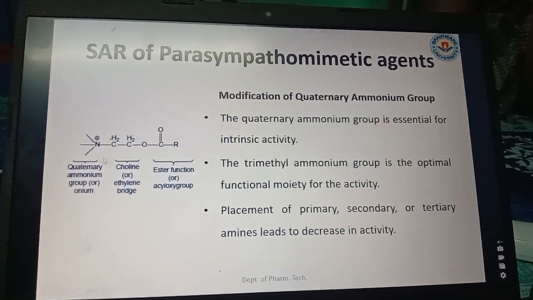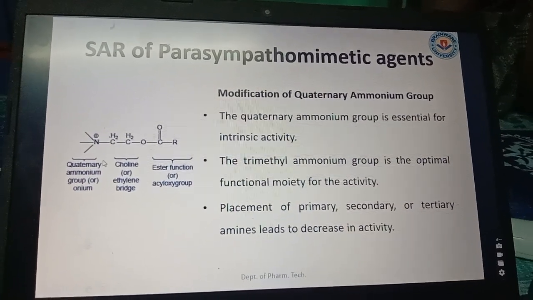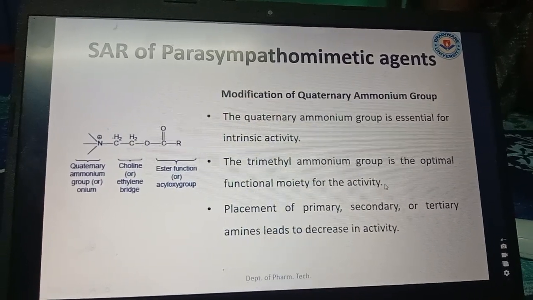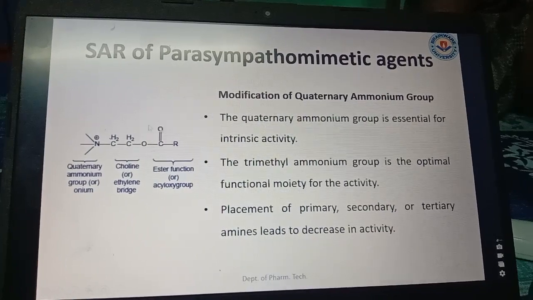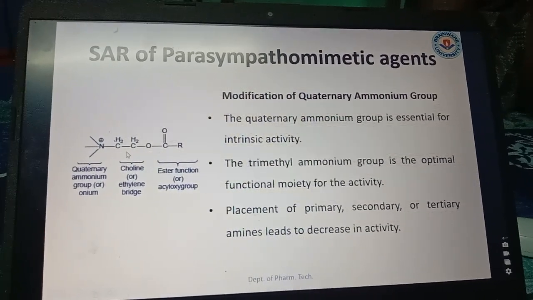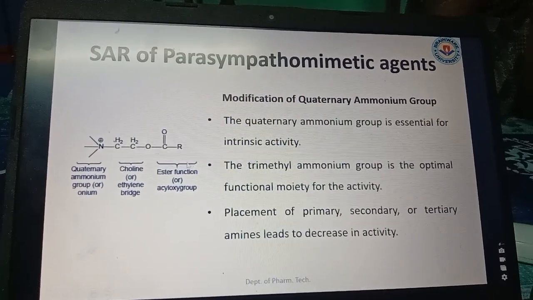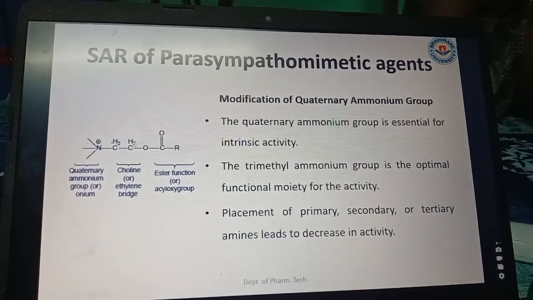So that means this quaternary ammonium group is very essential for the action of the drug. The trimethyl ammonium group is the optimum functional moiety for the activity. This methyl group that is present is also very important. Replacement with primary, secondary or tertiary amines leads to a decrease in activity. That means if this amine group is removed, then the activity will be decreased.